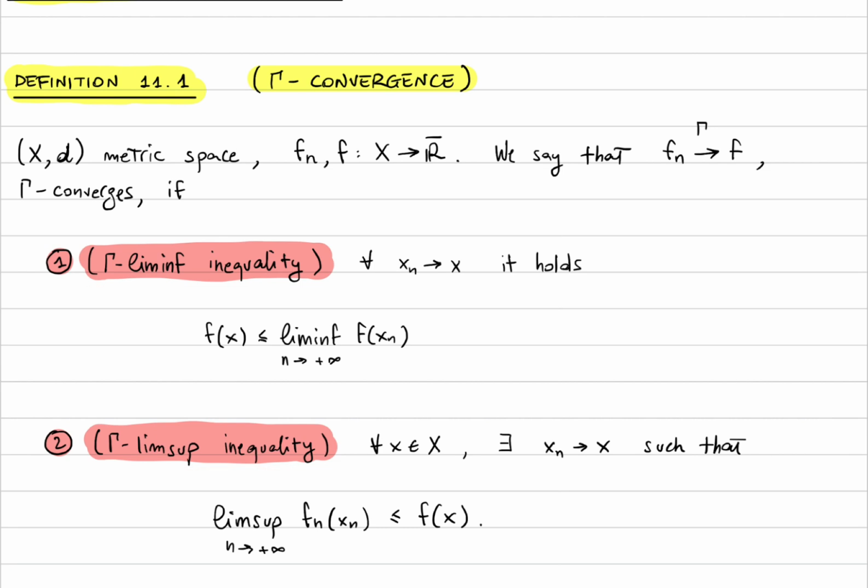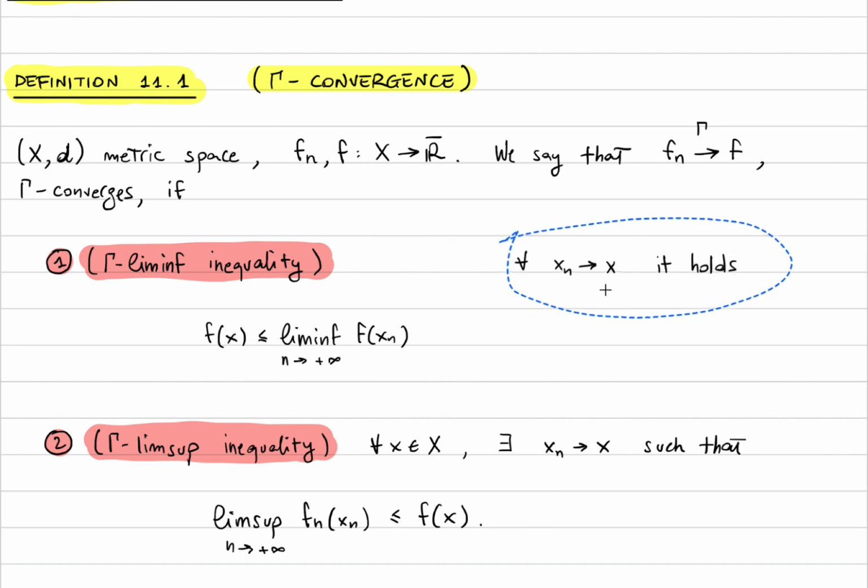The gamma lim-inf inequality says that for every x in X, and for every sequence x_n converging to x, it holds that f of x is less or equal than the lim-inf as n goes to plus infinity of f_n of x_n.